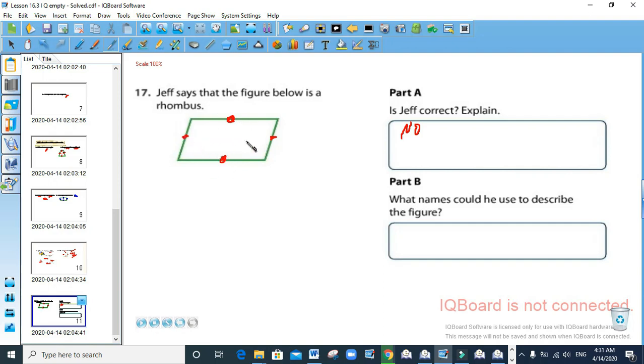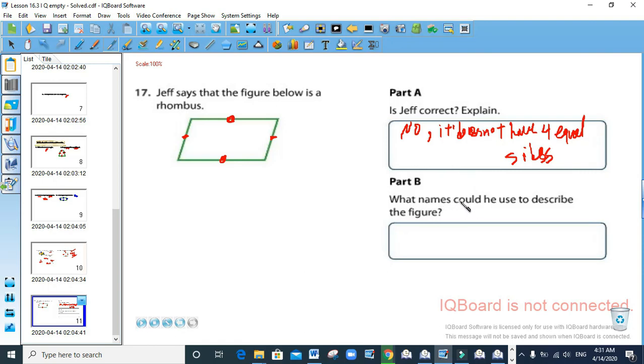So we don't have 4 equal sides. Because of this, we cannot say that this shape is a rhombus. It's not a rhombus because it doesn't have 4 equal sides.